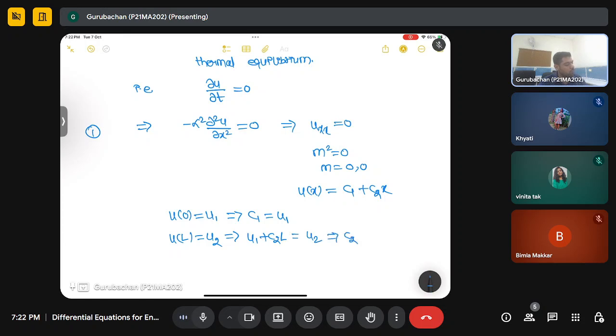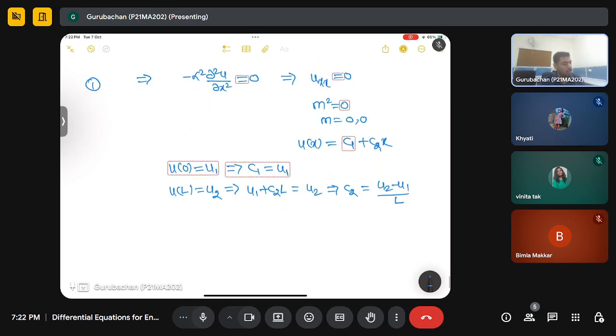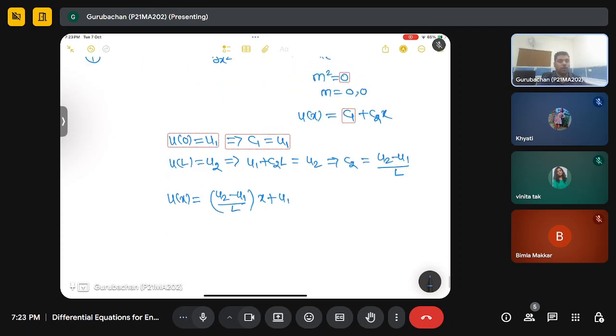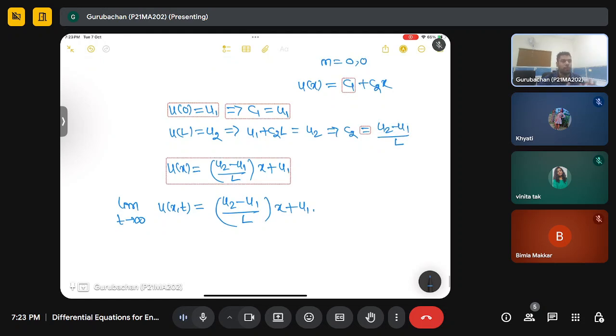This gives c2 as u2 minus u1 divided by L. So from here we conclude u(x) is (u2 minus u1)/L times x plus u1. In terms of the given question, u(x,t) as t tends to infinity is (u2 minus u1)/L times x plus u1. This is your one approach.